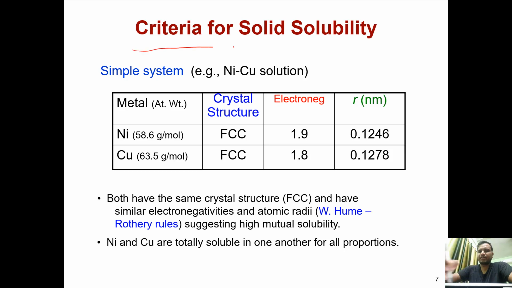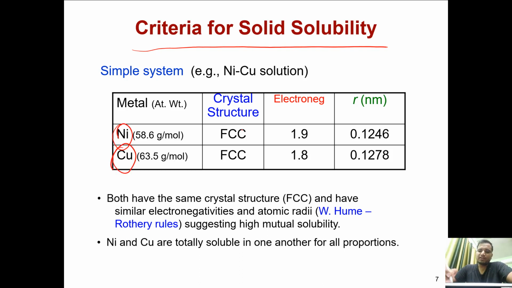Now the criteria for solid solubility, like suppose I am adding something, so this part we have discussed. For this solid solution, if you remember the Hume-Rothery rule, then basically the two elements which we want to make a solid solution should have the same kind of crystal structure, like nickel and copper.